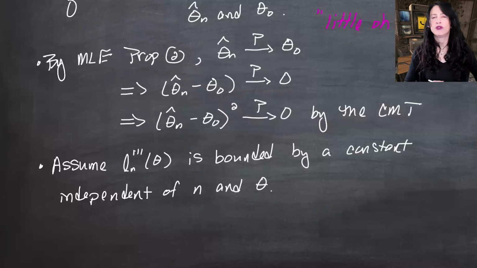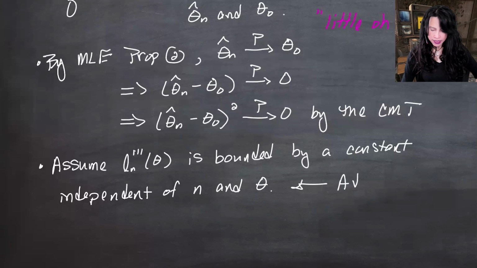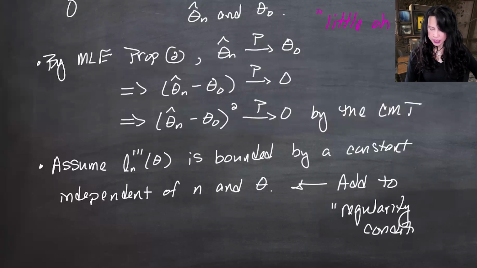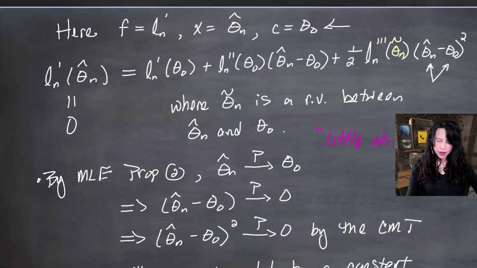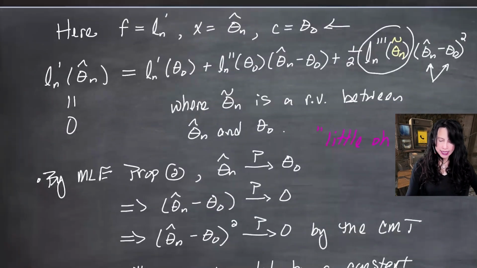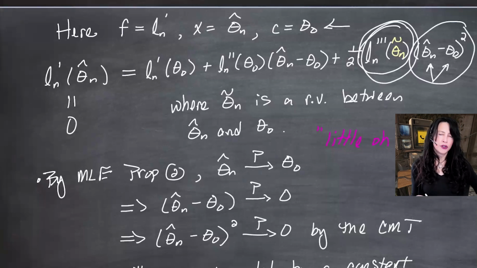So something that's going to hold for all n and theta. This assumption should be added to the list of regularity conditions. And if it's bounded, we're almost ready to say if this goes to 0 and this is bounded, then that whole term is going to 0.